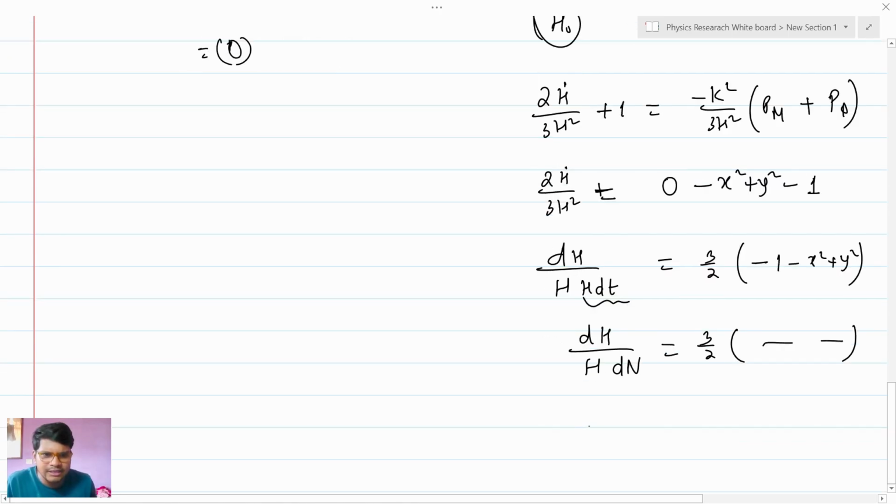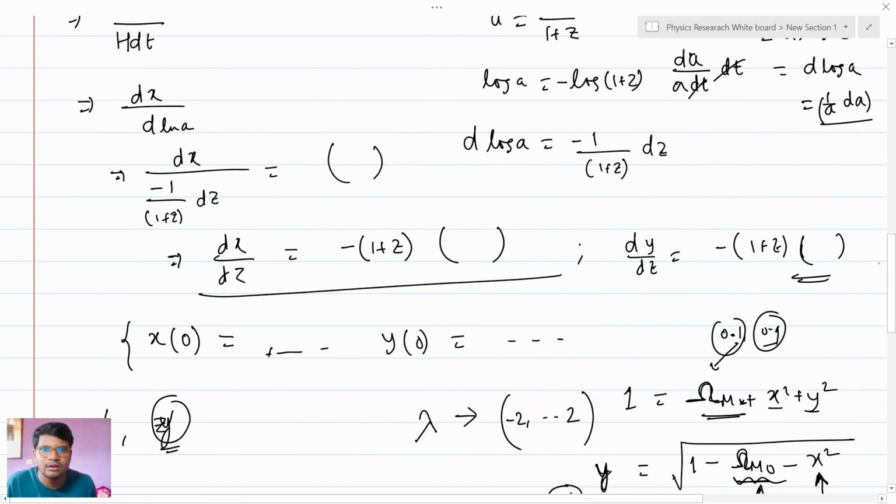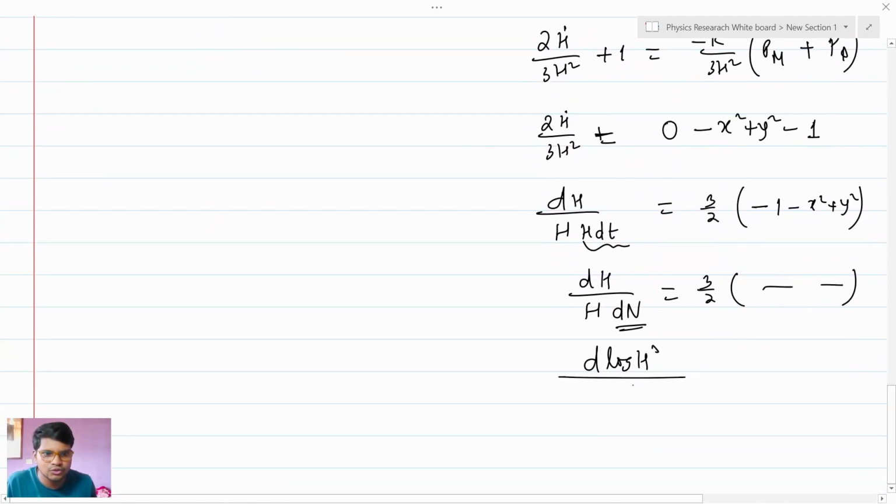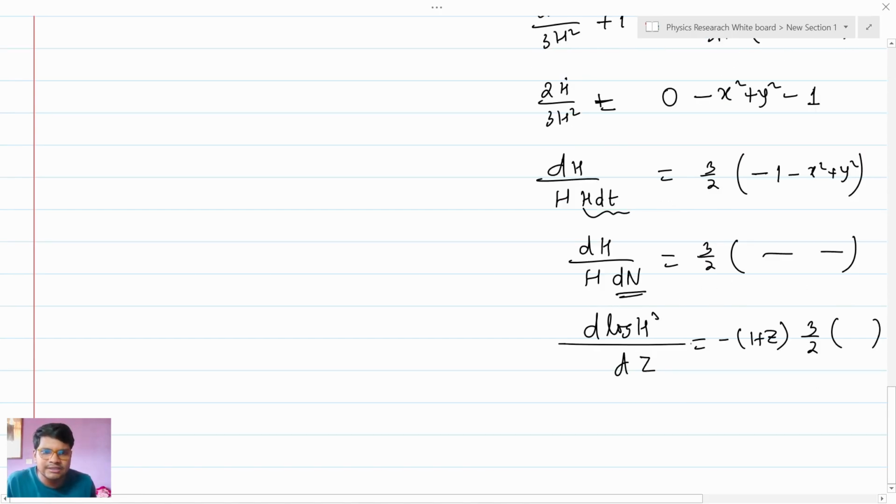Okay, now d can be written as log of h, and when I'm writing log of h, it is the natural log, right? And dn, what we have determined, dn is basically equal to minus 1 plus z, correct, with dz, minus 1 plus z into 3 by 2 and such. Okay, now we have this guy over here, d log h.